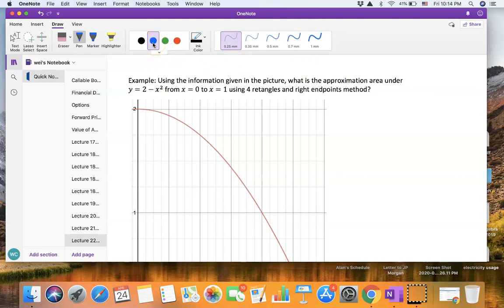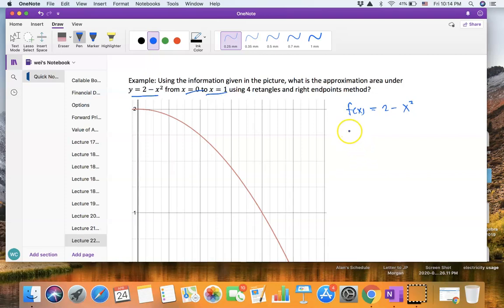So the key information is this. This tells us the function is 2 minus x squared, because we're going to need this function to figure out the height of each rectangle, and it's from 0 to 1.